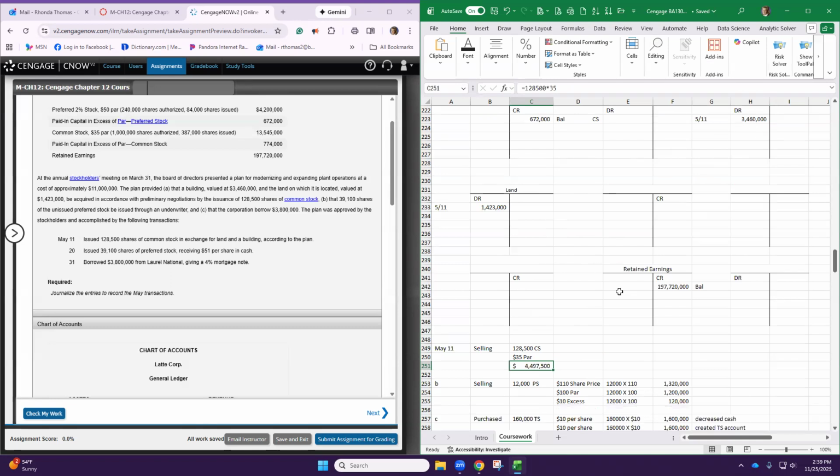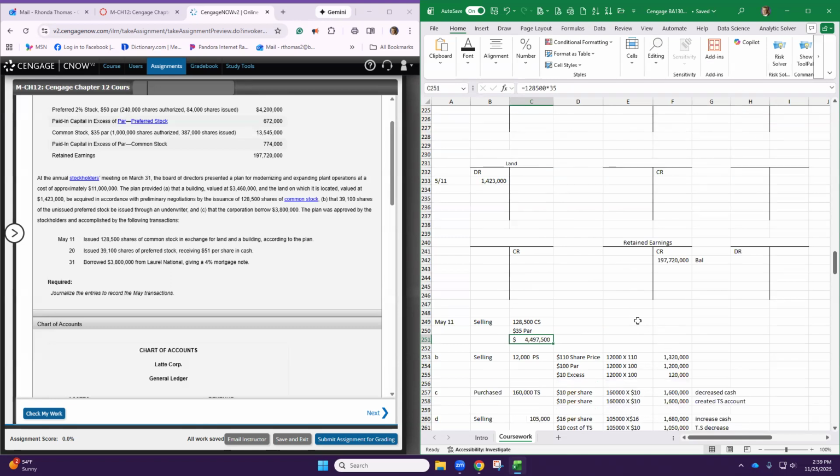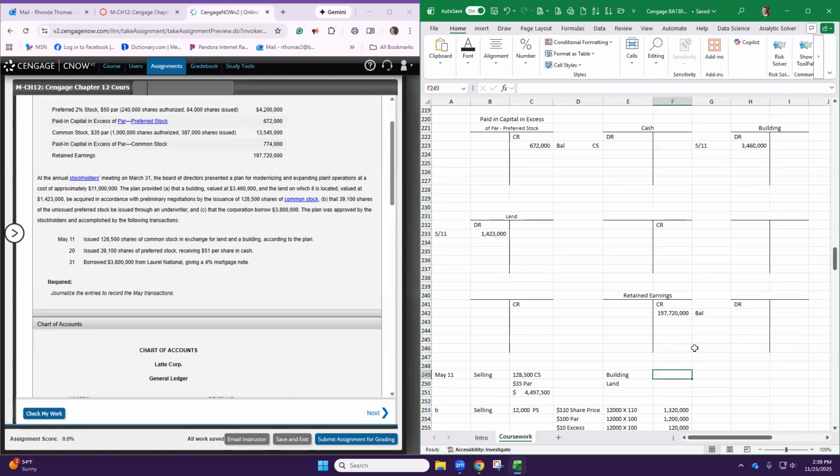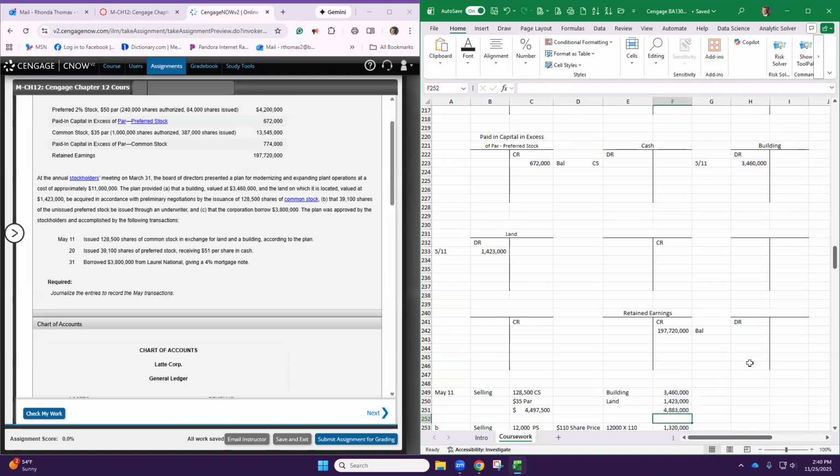I need to add the building and the land together. So the building is $3,460,000 and the land is $1,423,000. I need to add those two together. So here's the value of both of those. Here's the value of our common stock at its par.